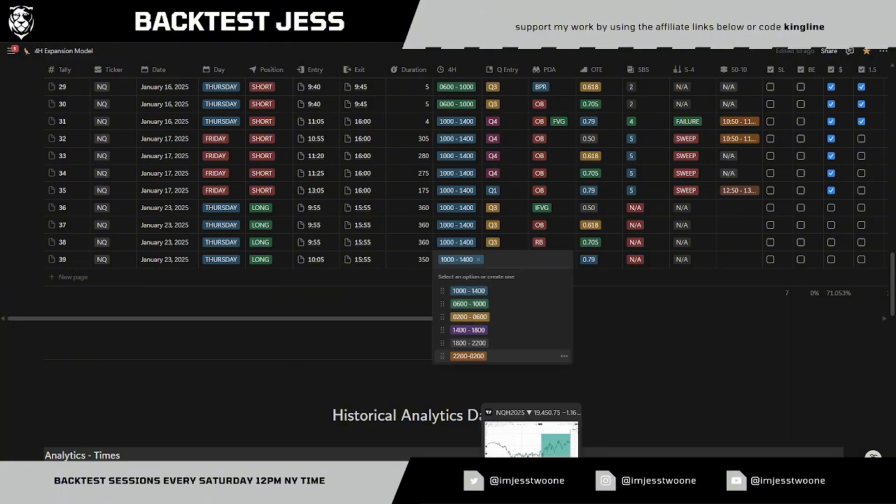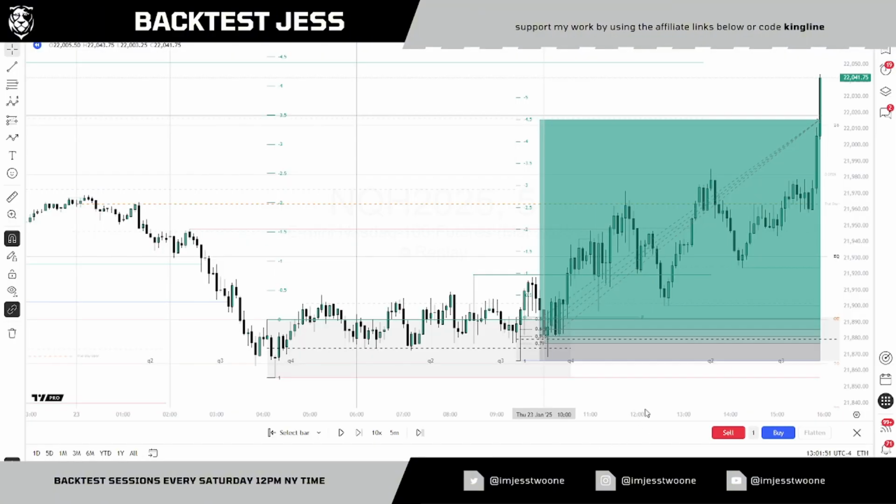And notice that this is really a chef's kiss trade, because the manipulation is literally happening in the macro that's opening the 4-hour candle. This is where the entry is happening, but this CSD happened at 9:30.